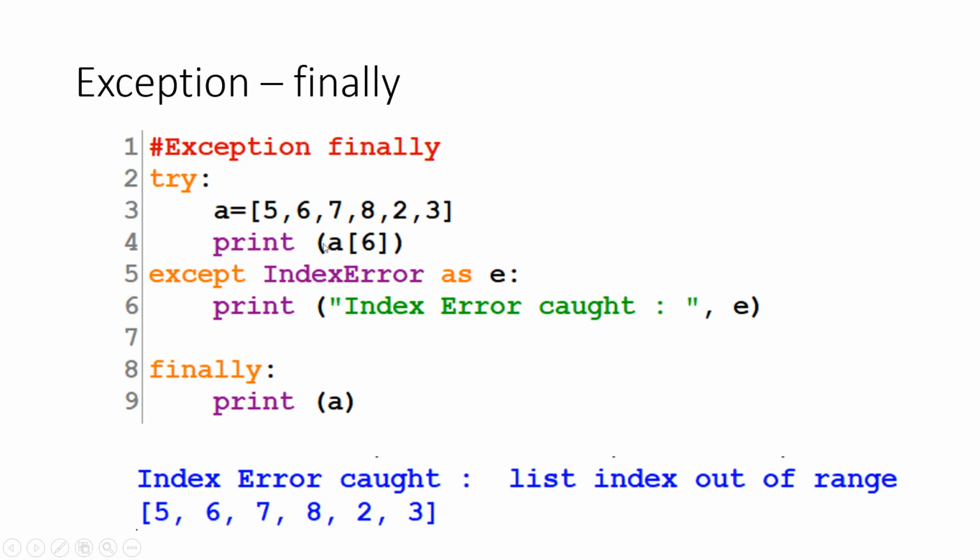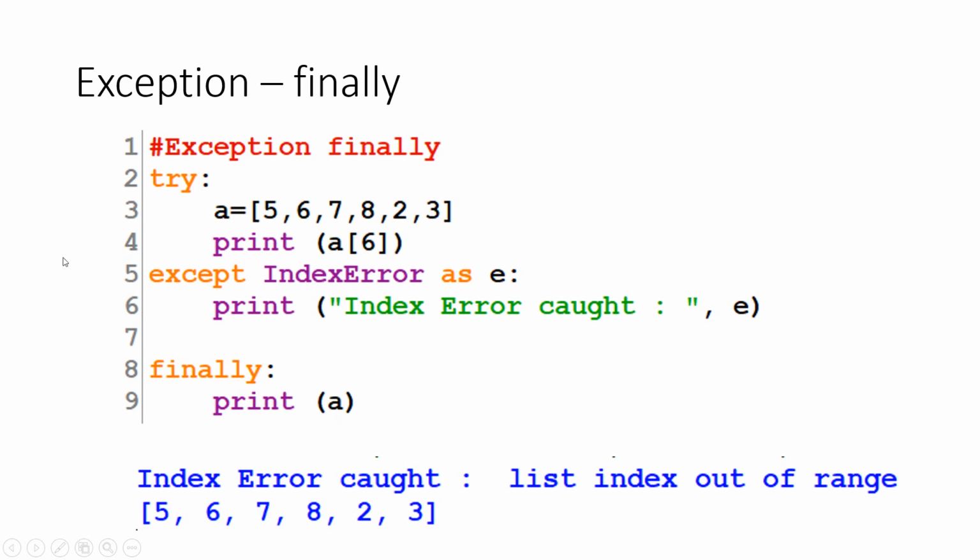So I give A of 6. A is a list, and I want to access the element at position 6. But if you look into it, we will not have index 6, because the last index for the given list is only 5. So that means there is an error.